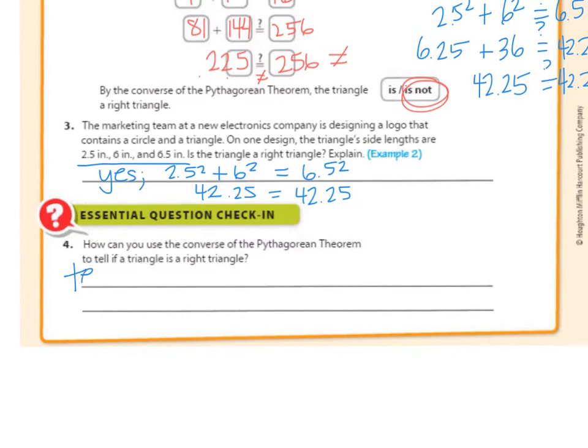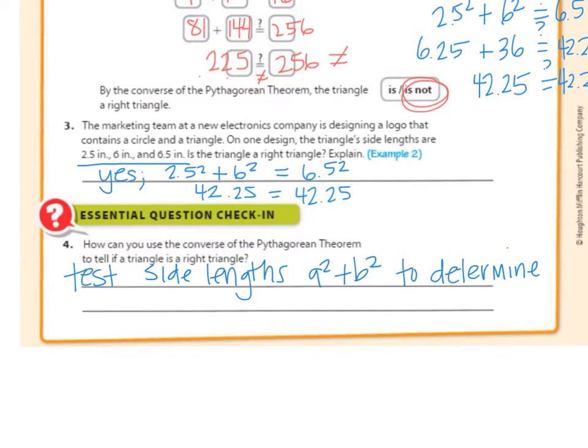So, test side lengths, a squared plus b squared, to determine if it's equal to c squared.